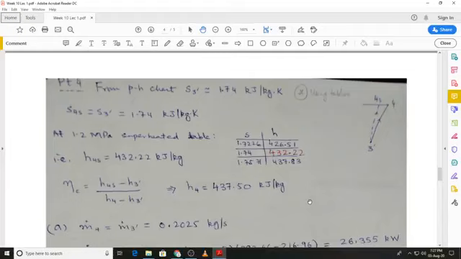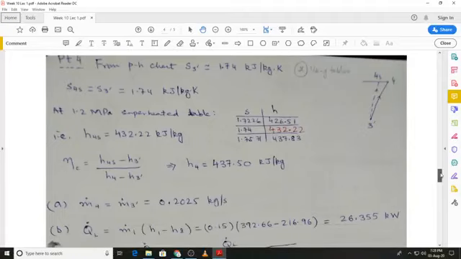So the mass flow rate, we were asked to find out the mass flow rate compressed by the high stage compressor, which is the same as m dot 3 prime, which is the sum of the two mass flow rates, m dot 2 and m dot 3. So that is 0.2025 kilograms per second.